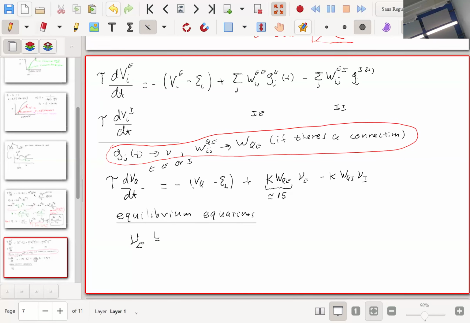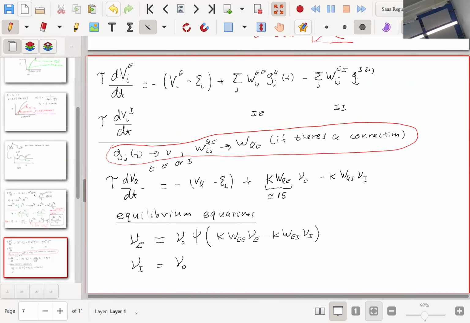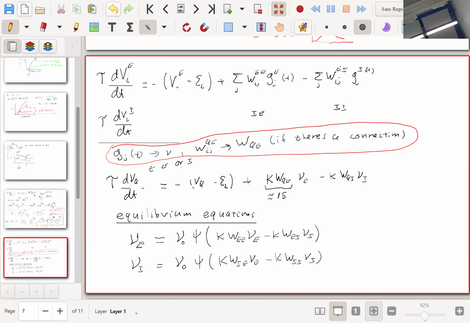So the equilibrium equations look like nu_E equals nu_0, or 100 hertz, psi of K W_EE nu_E minus K W_EI nu_I. And nu_I equals nu_0 psi of K W_IE nu_E minus K W_II nu_I. Okay, so those are the equilibrium equations, and that tells us the value of the equilibria, which we're going to find in a second.